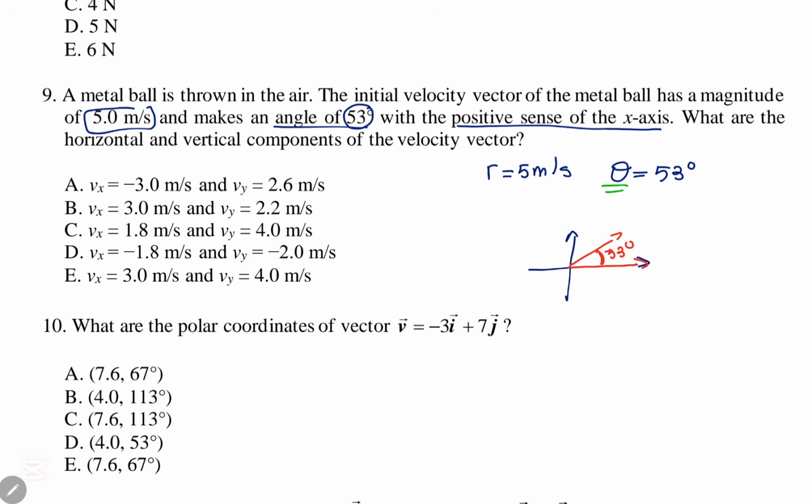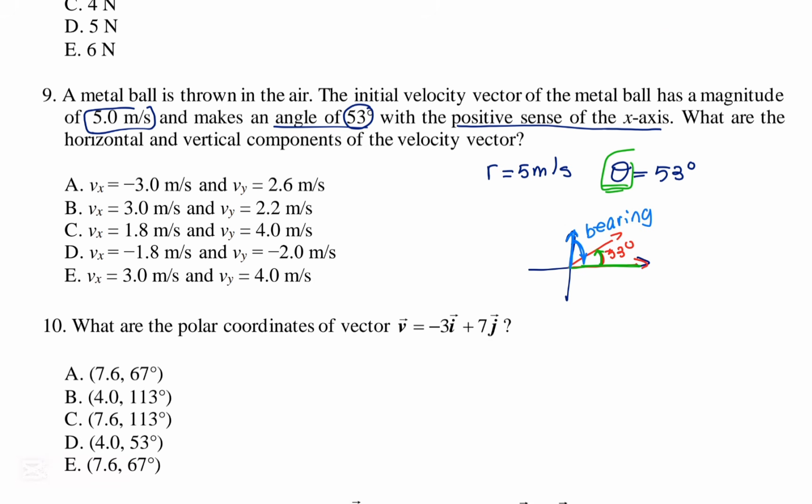Whenever it makes an angle with the x-axis, and of course the angle is going to go like this, then I would consider it theta. If it makes my angle starting from the north, then it's called what? It's called a bearing. Okay, so pay attention. Theta is from the positive sense of the x-axis, and the bearing is from the north.